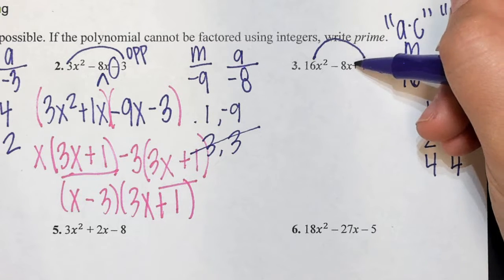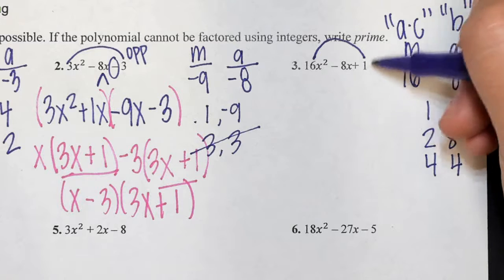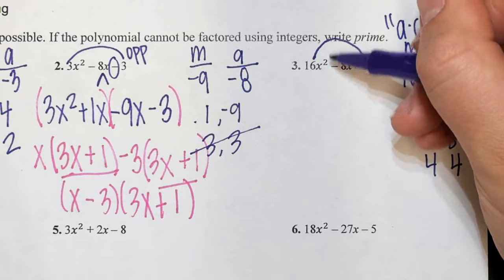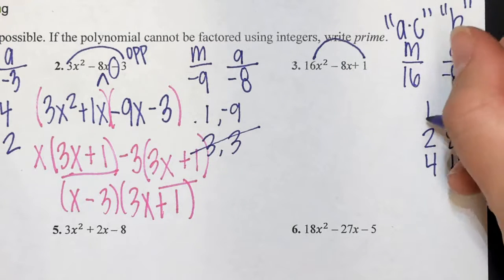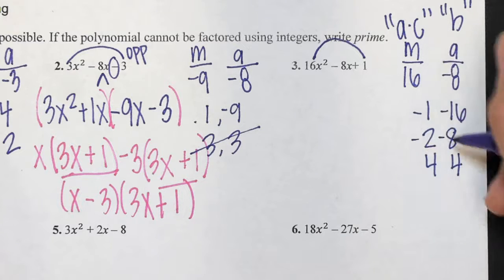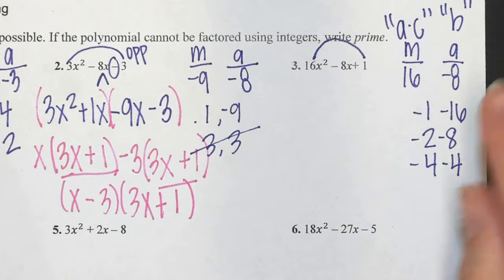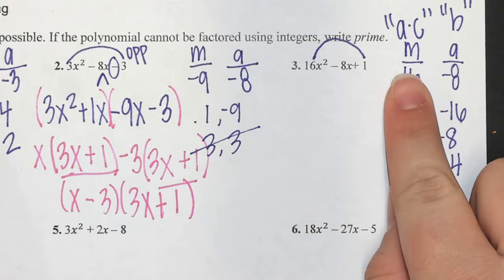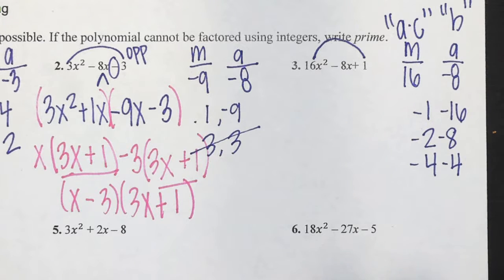The front guy tells you what kind, and he says they're both negative. So which one of these three give you 16 and negative 8 when you add them? Yeah, because negative 4 plus negative 4 is negative 8. So these two don't work.